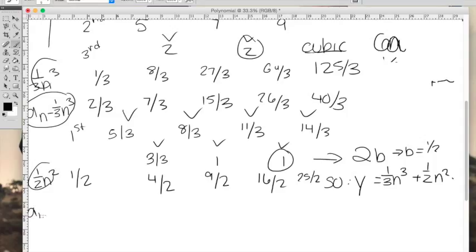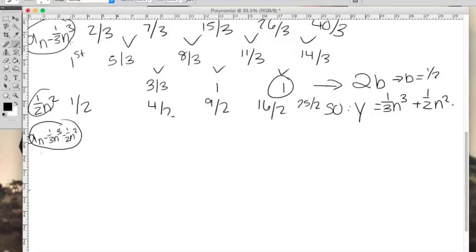So a sub n minus 1/3 n cubed minus half n squared. So it's 2/3 minus 1/2, that's 1/6. 7/3 minus 4/2 is 14/6 minus 12/6, which is 2/6. And then 36 minus 27, so that's 3/6. And then this one's 4/6, and that's 5/6.